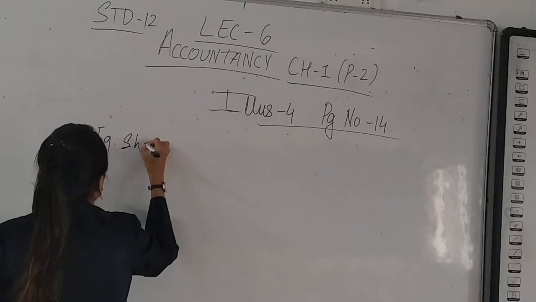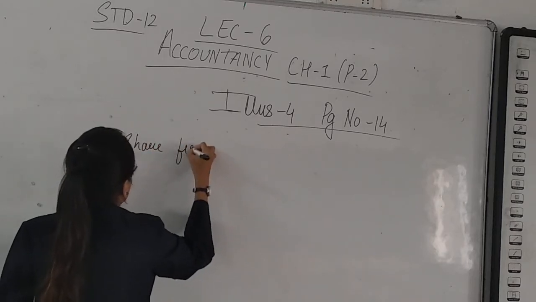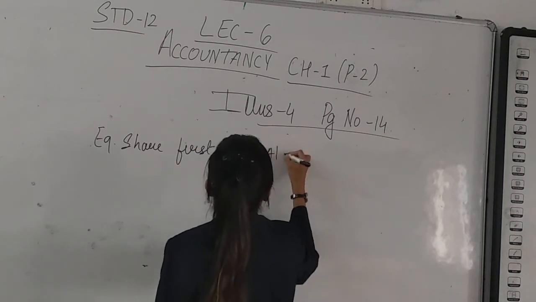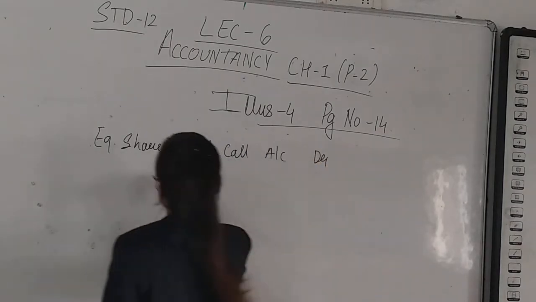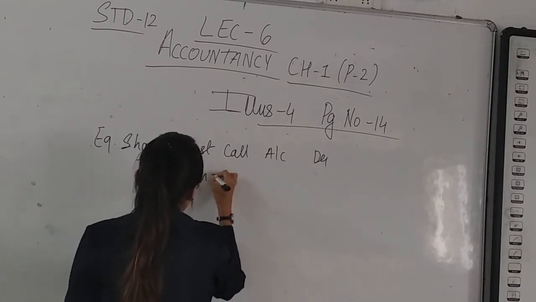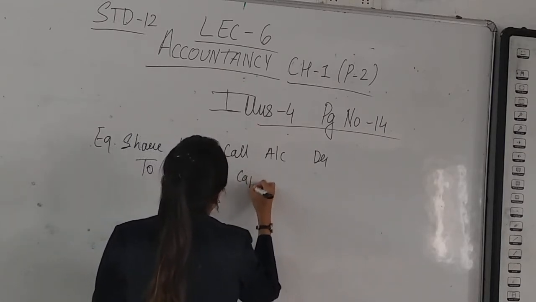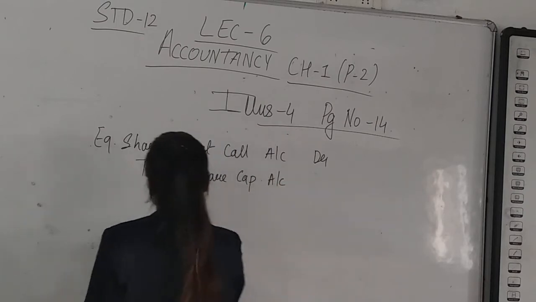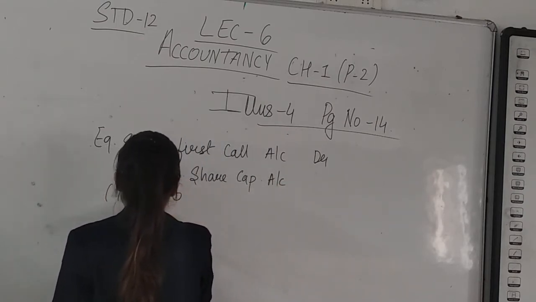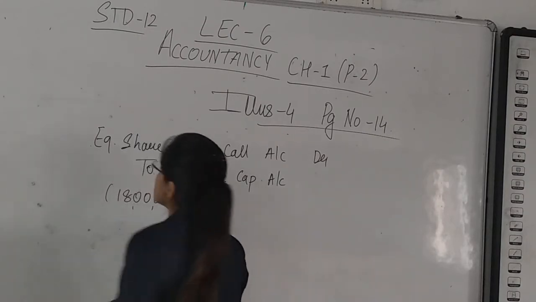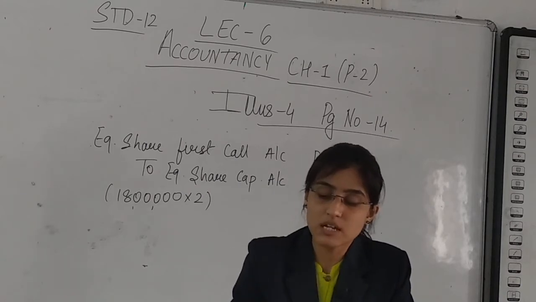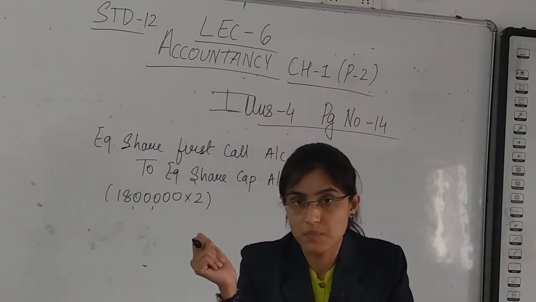Equity share first call account debit to equity share capital account. How much? 18 lakh into 2. 2 rupees is given in your textbook, which is the amount for first call.